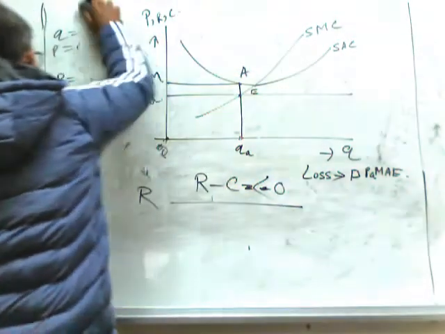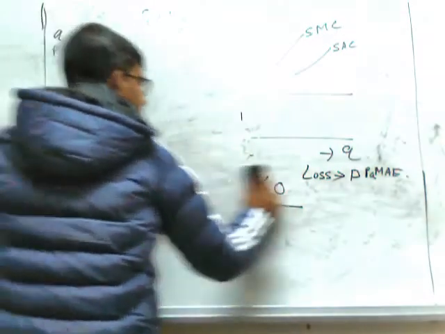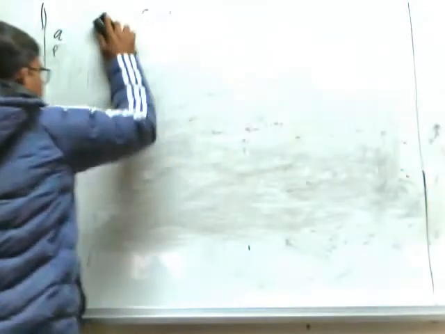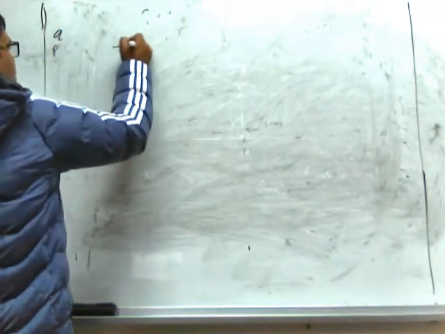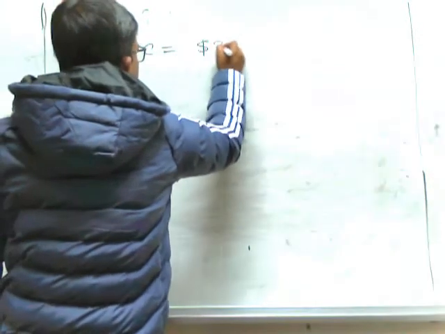with the help of a numerical example. Let us consider that the total fixed cost of a firm is $3 million.